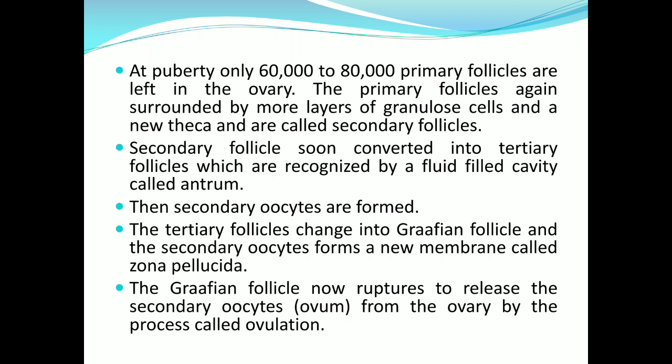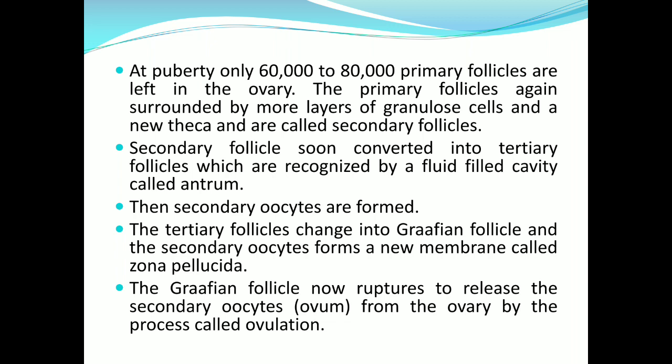Primary follicles further differentiate into secondary follicles, and secondary follicles into tertiary follicles. A tertiary follicle is recognized by the presence of a cavity filled with fluid, called the antrum. So in the tertiary follicle, the antrum is present.